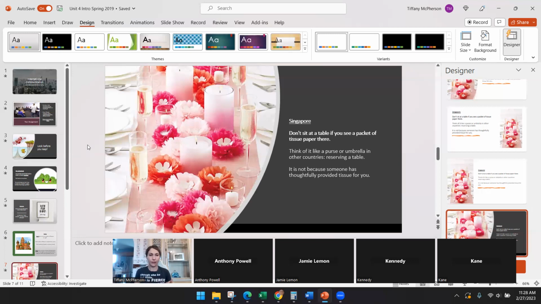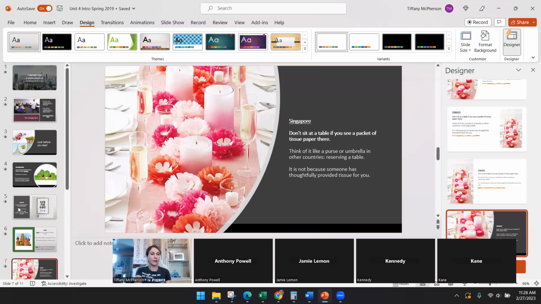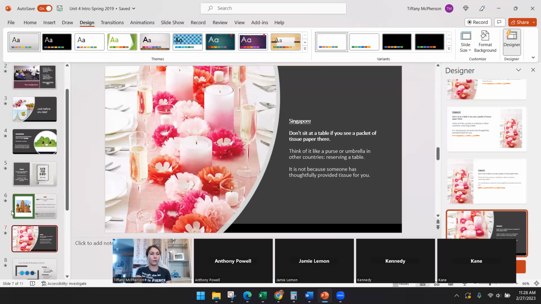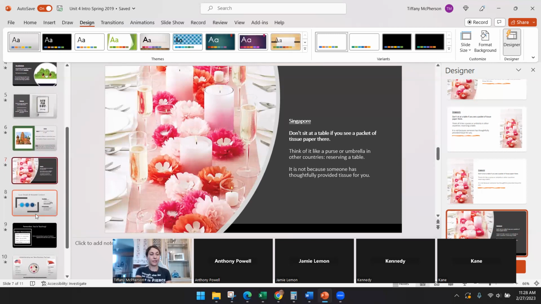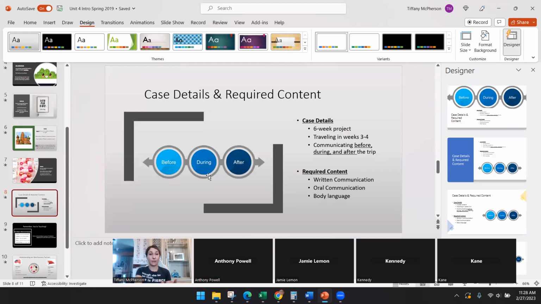That is really boring. The whole purpose of the PowerPoint, well, not the whole purpose, but a big part of it is to keep your audience entertained and engaged. So that means that you want there to be variation from slide to slide. So if you look at the pane view of mine, you can see that the picture moves from one side to the other. This one has a green border around the picture. This one doesn't have a picture at all, but it's got this little image.